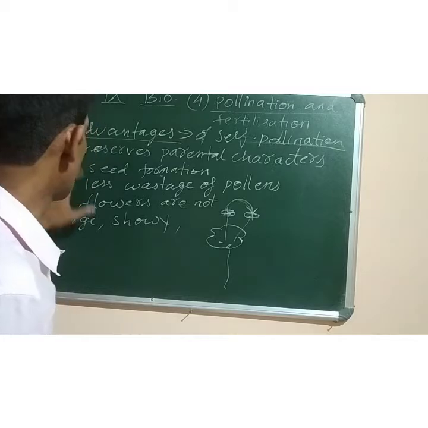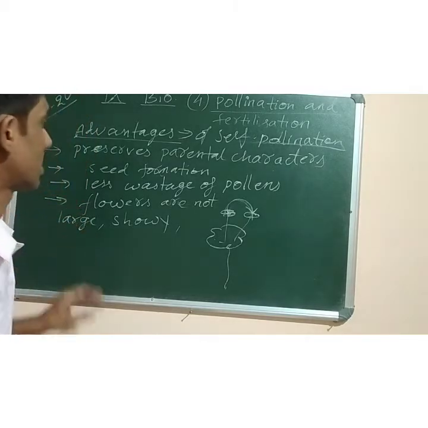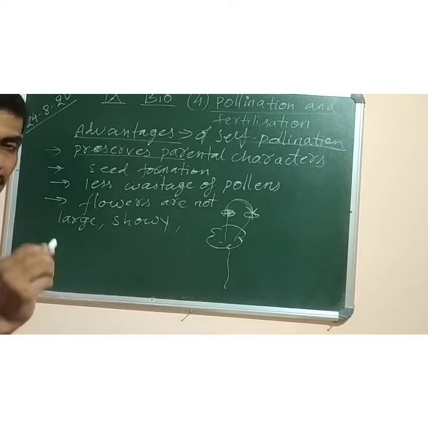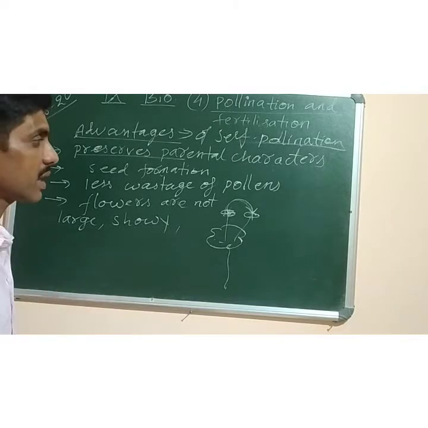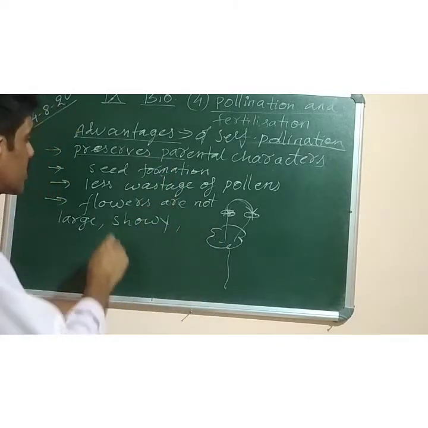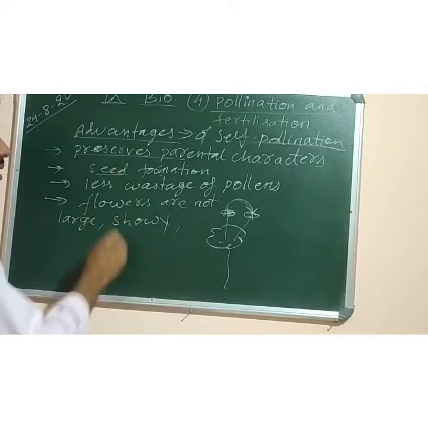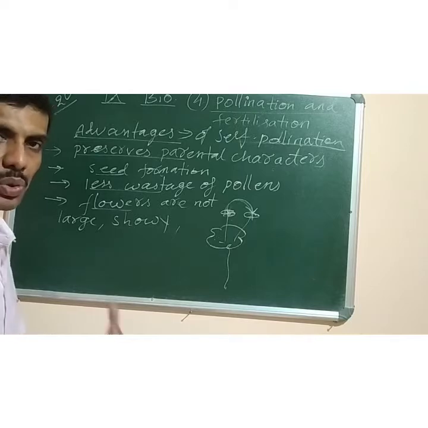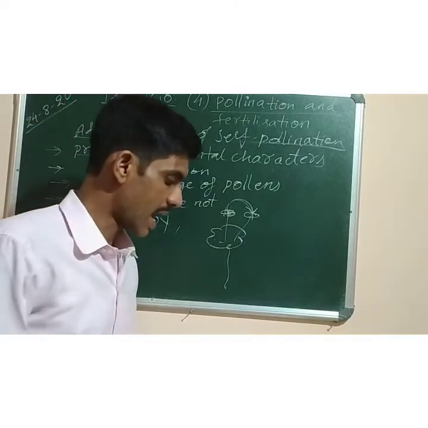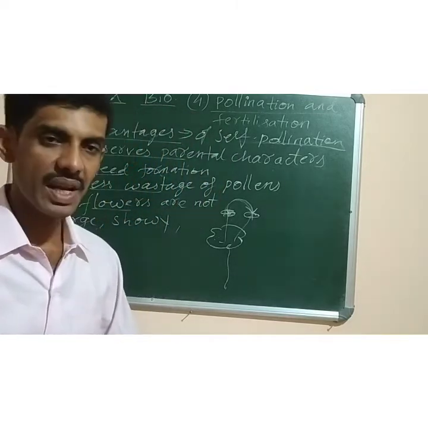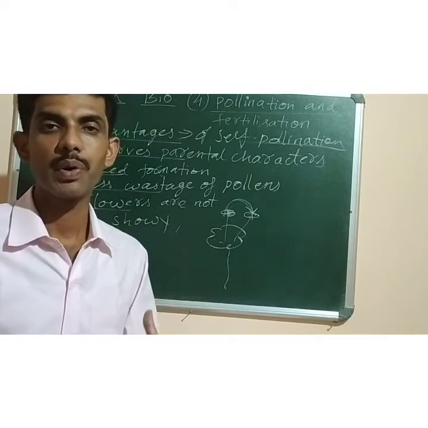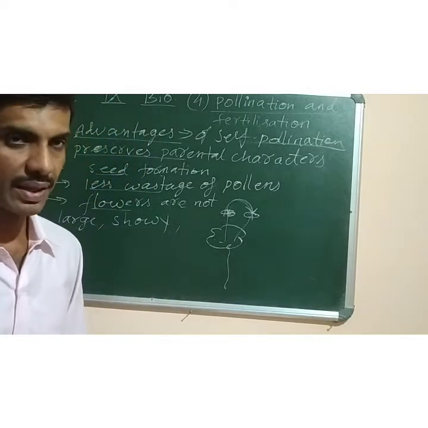So there are 4 advantages of self-pollination. Number 1, preserve parental characters, means the parent generation, whatever characters are there, they are preserved. Number 2, seed formation, less wastage of pollens, and flowers need not be showy, attractive, large, and they need not be scented or produce nectar. Nectariferous means they do not need to produce any nectar to attract the insects.